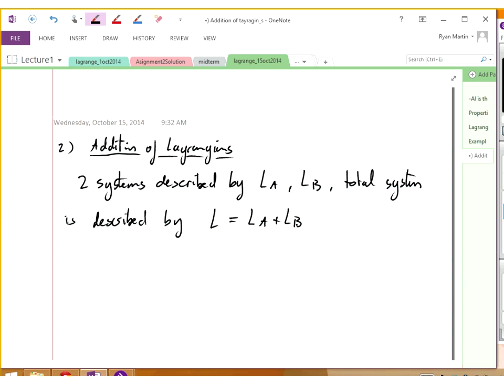So if you have isolated systems, each with their own Lagrangian, you can describe the sum of the isolated systems by the sum of the Lagrangians.